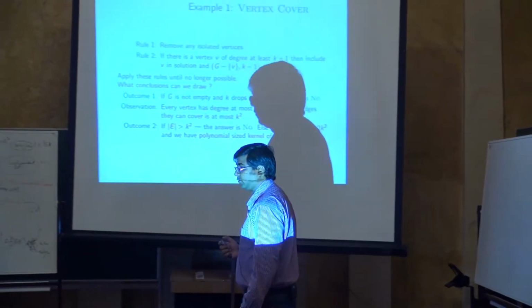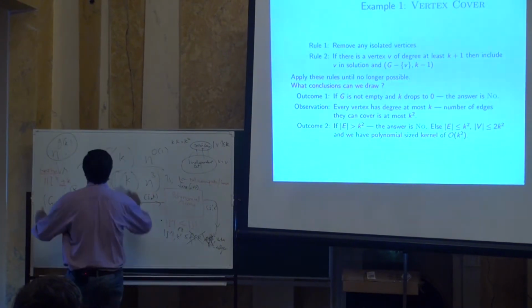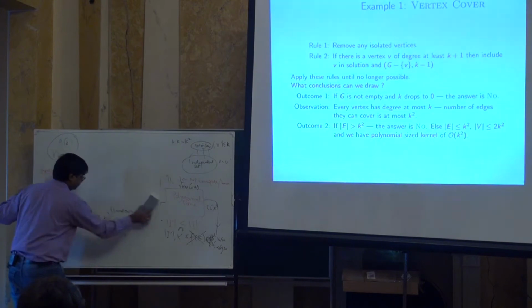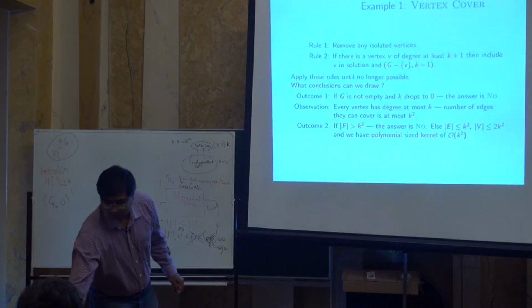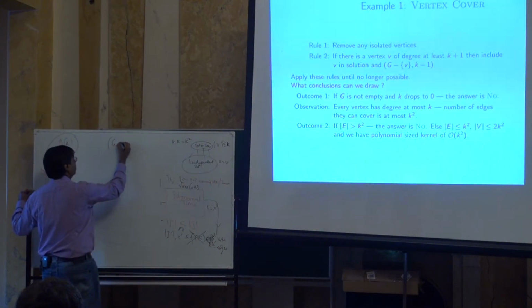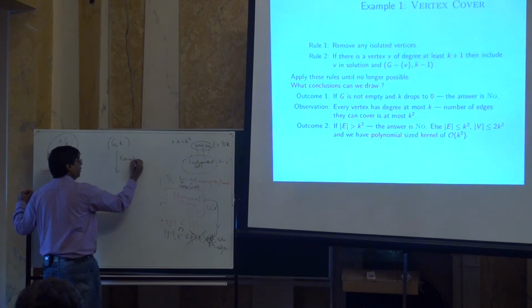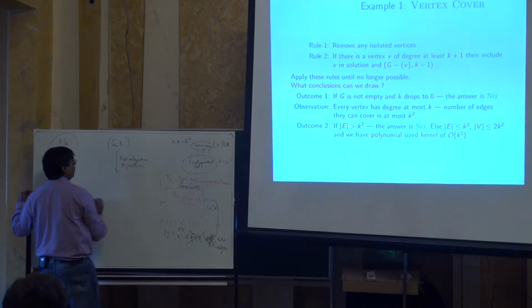Now, what should I do for this problem? Let's rub this. Okay. Now, I gave you a graph G comma k. You first apply this kernelization algorithm, right?